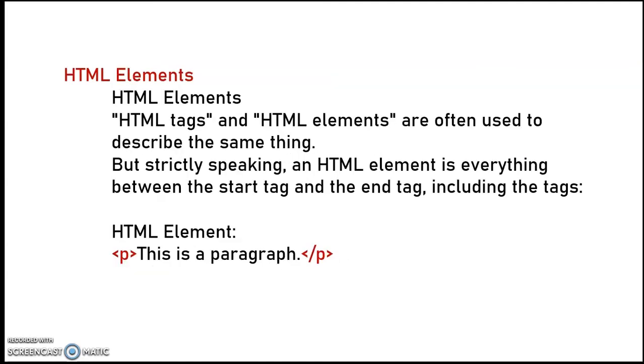HTML elements. HTML tags and HTML elements are often used to describe the same thing. But strictly speaking, an HTML element is everything between the start tag and the end tag, including the tags. So, HTML element, okay, we have a P tag. So, the P tag starts with the start tag or the opening tag, and then in between, okay, there is a paragraph.